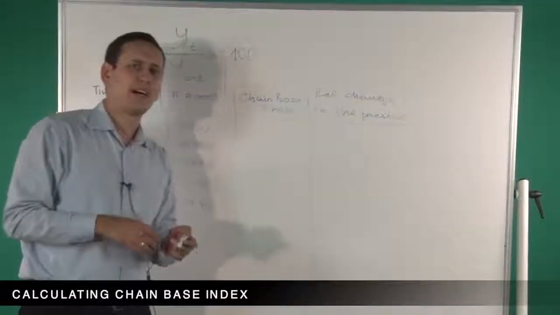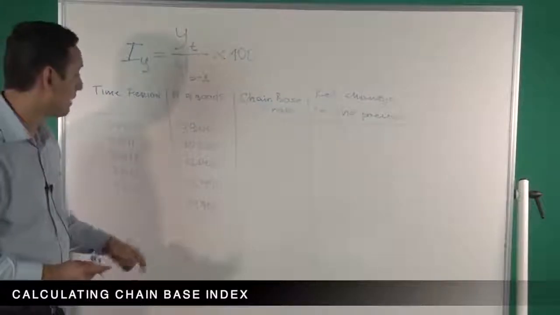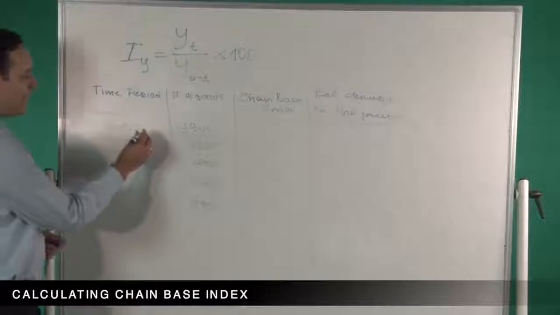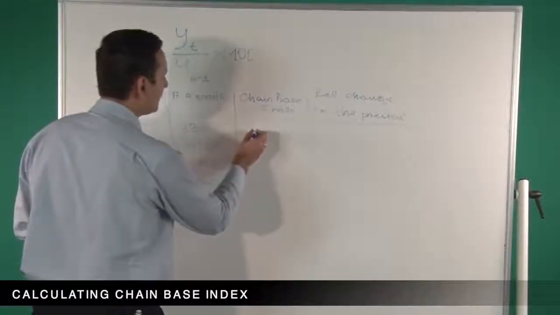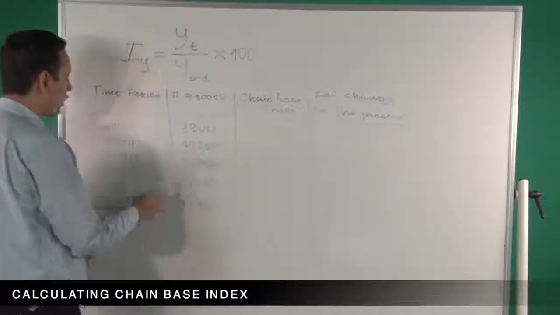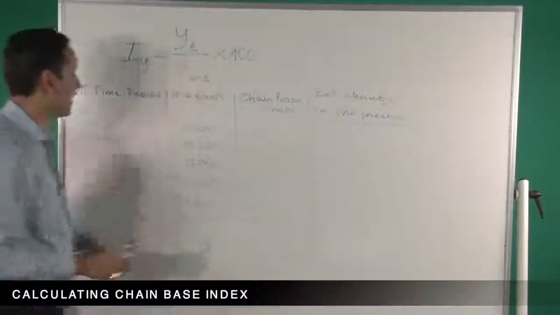Now we need to find the chain-based index for each year. If we want to calculate the chain-based index for 2010 and there is no data for the previous year, we just leave it blank. So we don't write anything here. So we start from 2011 and compare it to 2010.